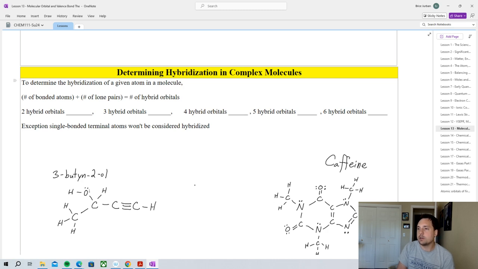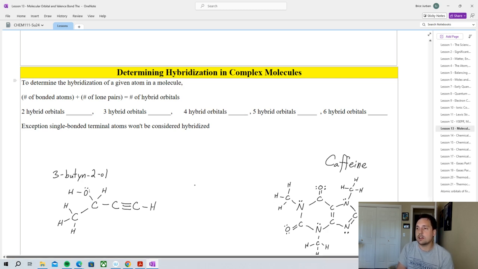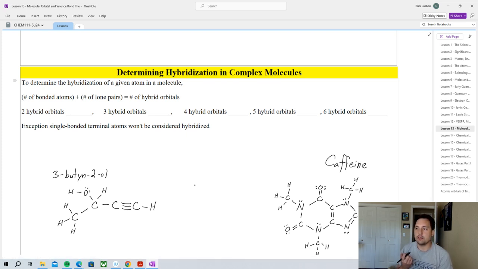To begin with, you need to know what the hybridization on a given atom is. You can look at the number of bonded atoms that atom has, plus the number of lone pairs, to determine how many hybrid orbitals you're going to need for that atom. This is a little bit of a simplification, but it's going to work for what we need it for.